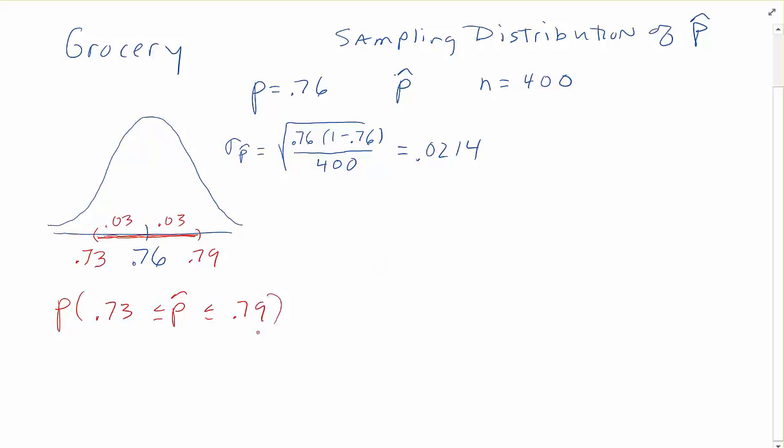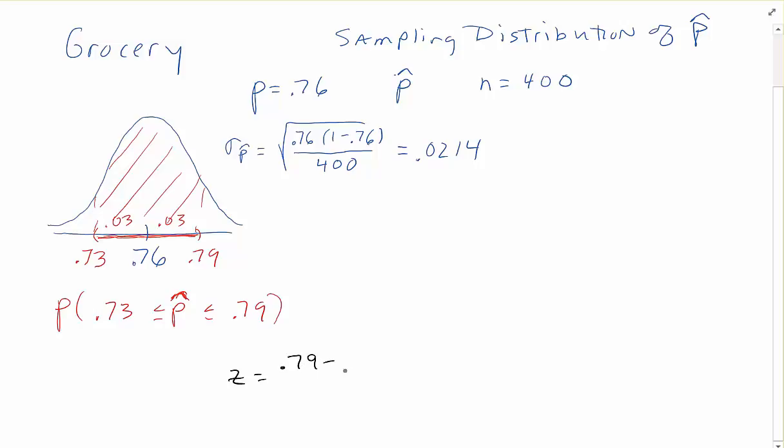To answer this question about the probability, I know that that's going to be the area under the density function above the interval. And I know that that density function is normal. Now, I want to translate this to z-score. And because of symmetry, I only need the z-value for the 0.79.